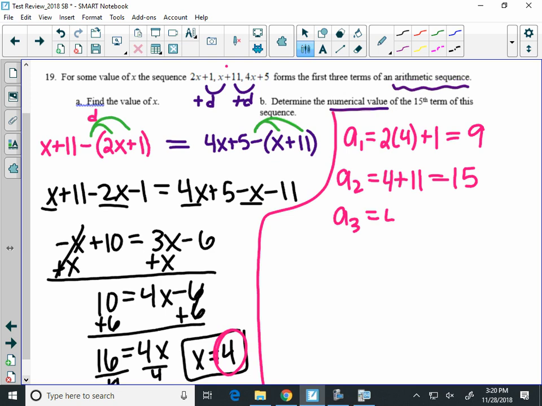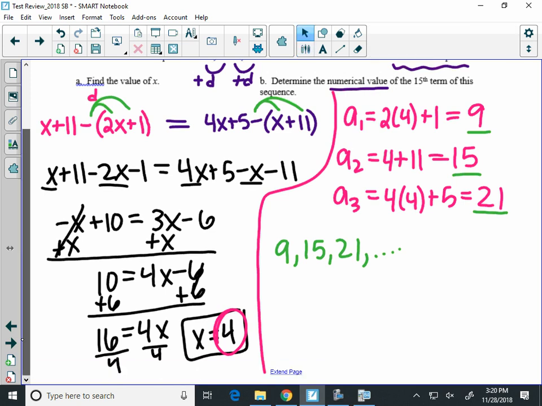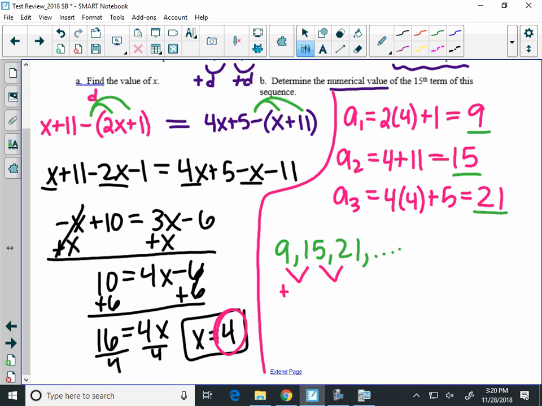And the third term, 4 times 4 plus 5, is 21. So these are the first three terms of my sequence, 9, 15, 21, dot, dot, dot. Well, from there, I can now find that the common difference is 6. I'm adding 6 every time.